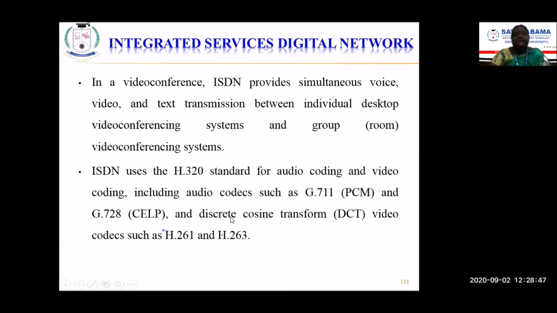In this case, it is going to apply the discrete cosine transform for video codecs. Some of the standards are H.261 and H.264. As far as MPEG and JPEG data transmission, that is the storage of the information, normally we store image files in .jpeg format, and .mpeg for video information.